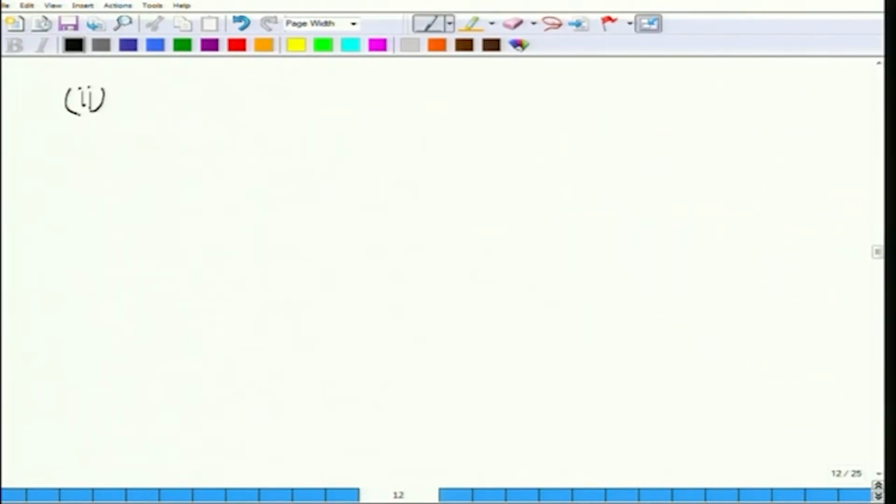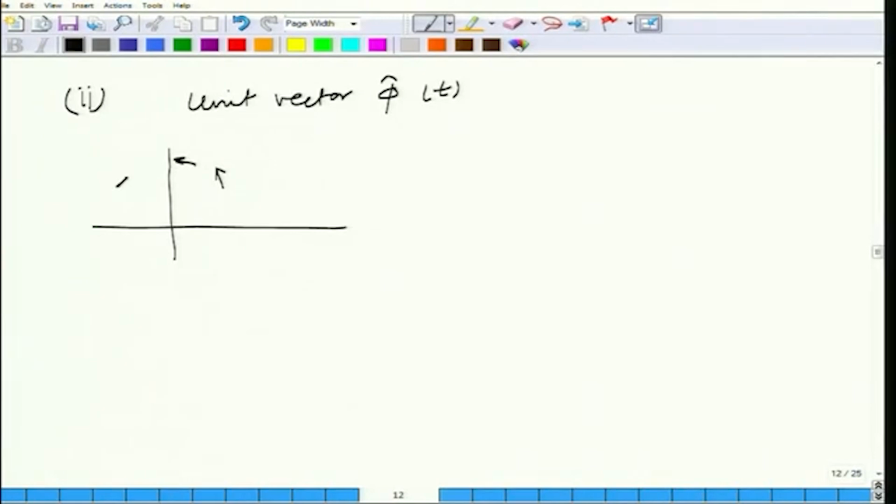Part 2 says find unit vector phi as a function of time. Remember again, as the particle is moving, its phi unit vector keeps on changing with its position, and the phi unit vector depends only on phi. So let me write this.